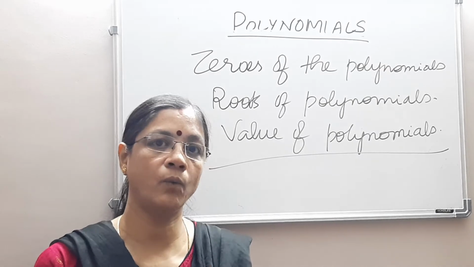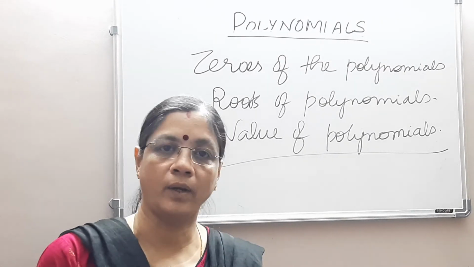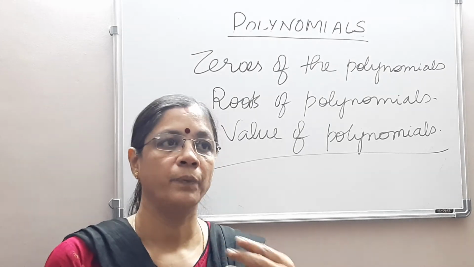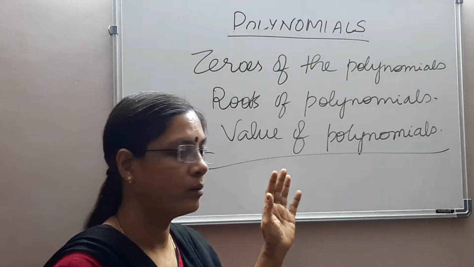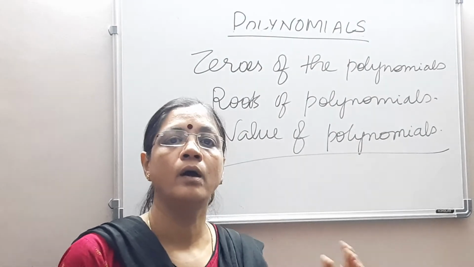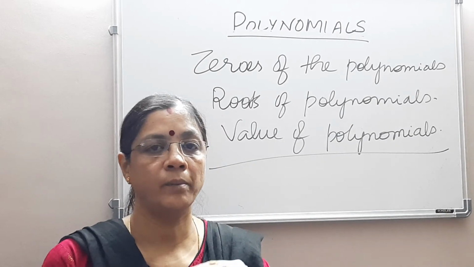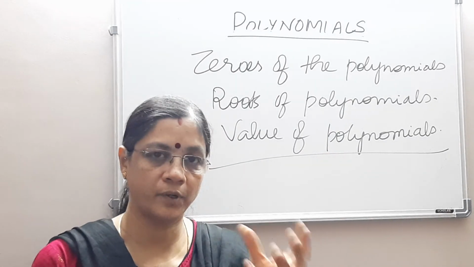We understand polynomials by finding out the value of x. That is, we find a value of x which satisfies that particular equation. In the sense we equate the expression, as I wrote before, x plus 5 is equal to 0. We need to find out what will be the value of x so that the expression becomes 0.